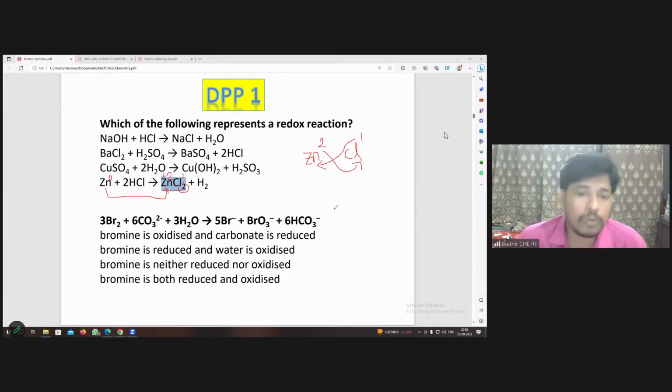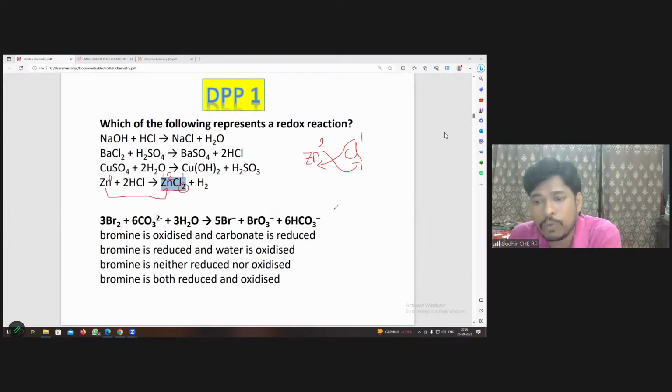Rule number 2 is regarding ions. The same statement applies, but instead of a neutral molecule, we consider an ion.